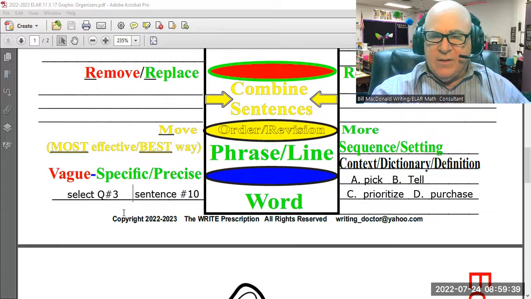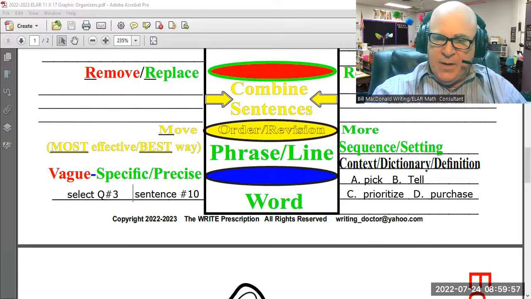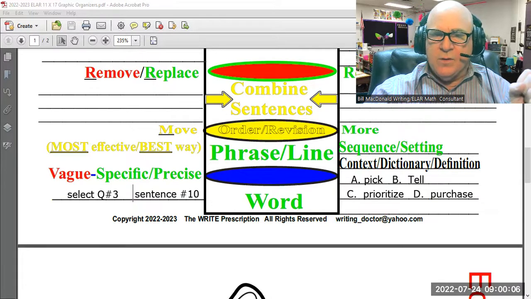But we haven't seen it in context. If I select something, yes, I'll purchase something when I go to a store. So when we look at those four, we have to compare it to sentence 10 and see which one, pick, tell, prioritize, or purchase, fits the best with exactly what our answer choice was.